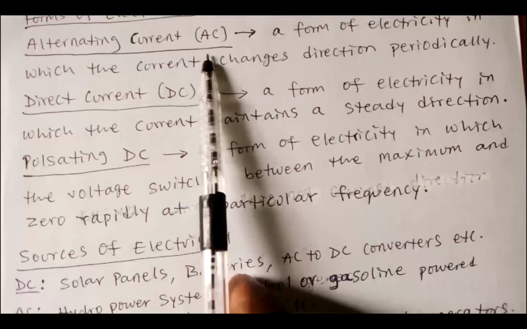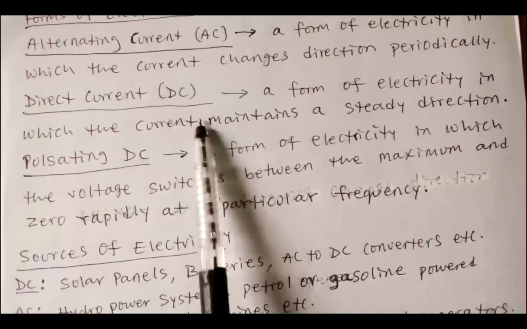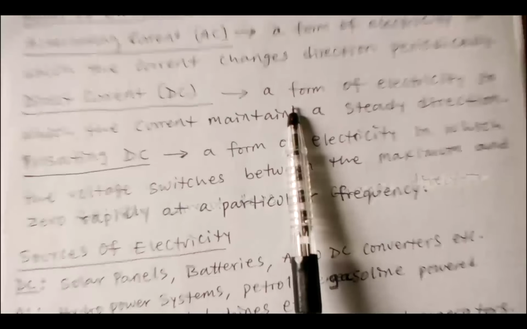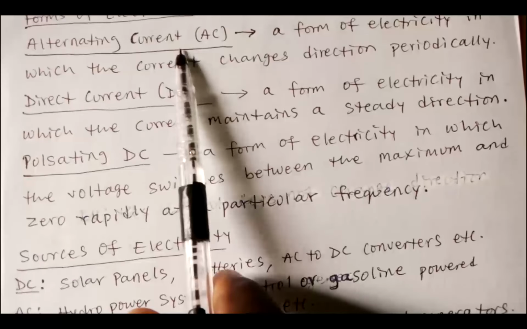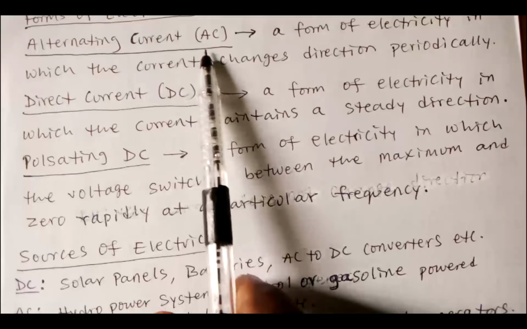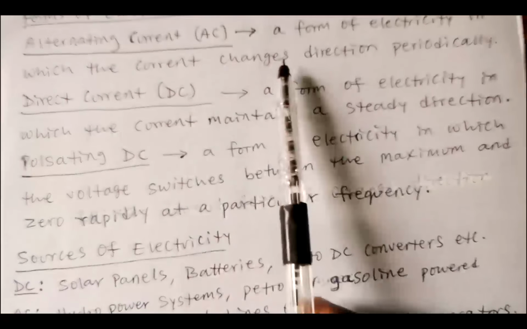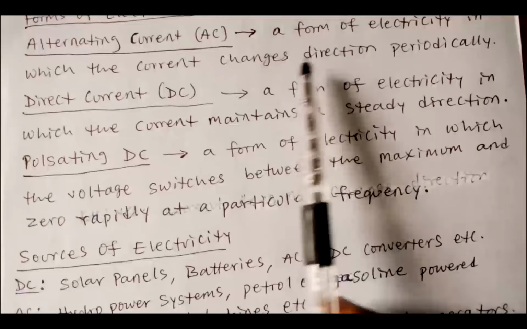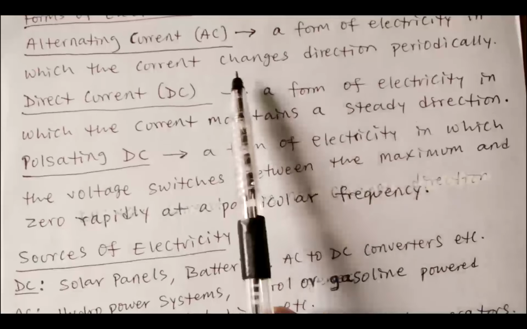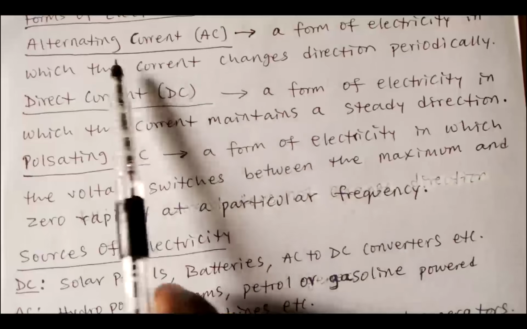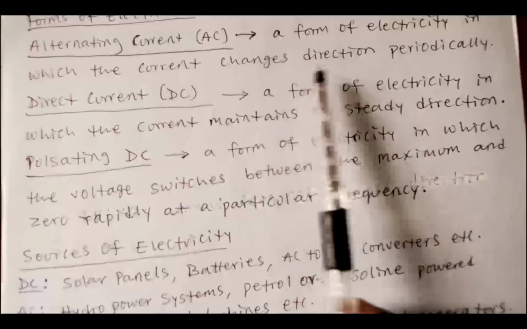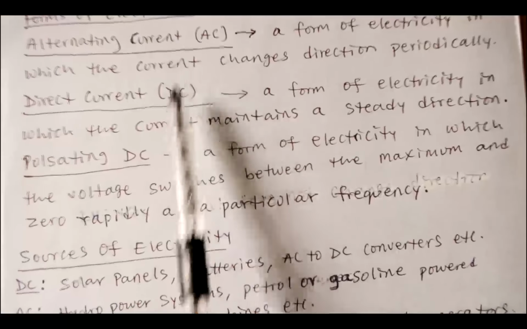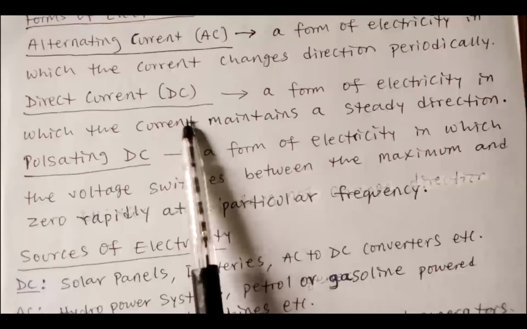So take note of this. We use positive and negative on DC voltage, because the reason we can't use positive and negative in AC is that the positive will be changing to negative, the negative will change to positive continuously. So we can't say this is positive and this is negative. That's what we call alternating. It alternates. So that's the difference between the AC and the DC voltage.